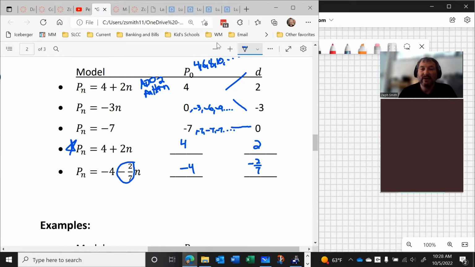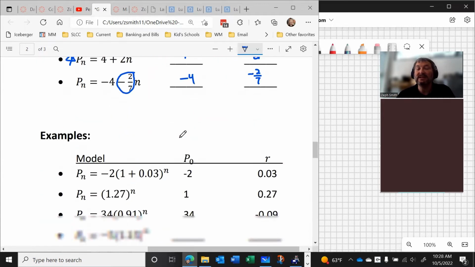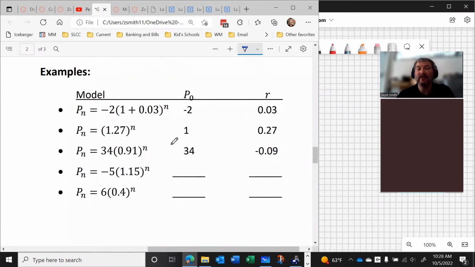If I plug in 0 here, I get 4. So you could just plug in 0 to get P sub 0. That's what it means, the initial time at time 0. So that's the initial value. It's the coefficient of the exponential term. Pretty easy to spot. Sometimes you won't see the 1. Or you can just plug in 0. Anything to 0 is 1.